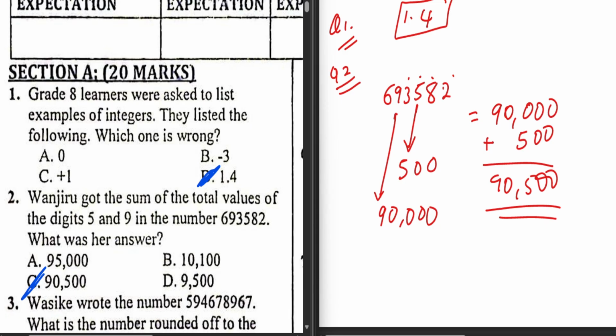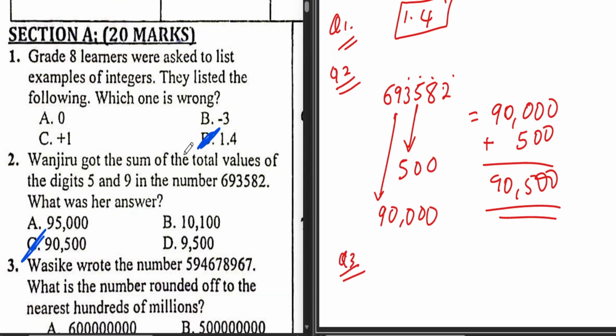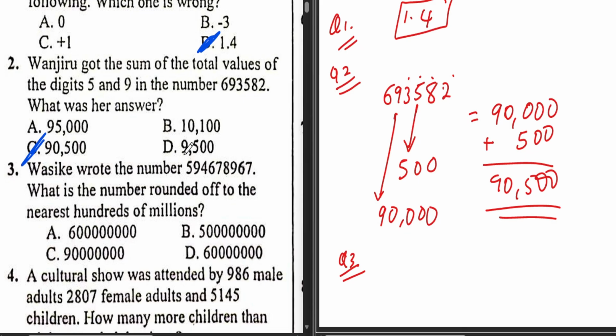Now question 3, which is also easy. Wasika wrote the number 594,678,967. What is the number rounded off to the nearest hundreds of millions?